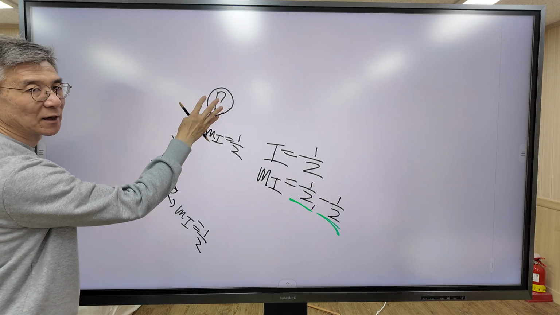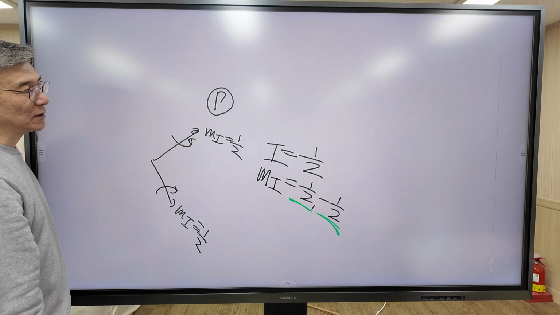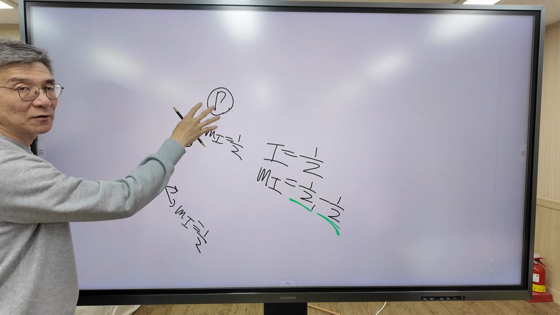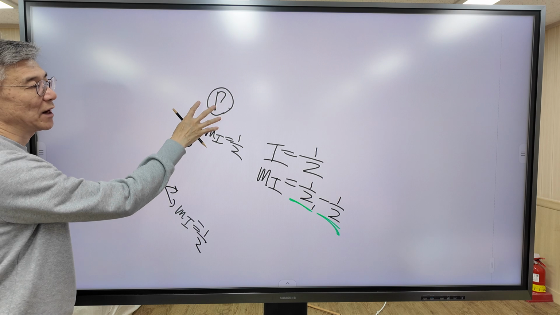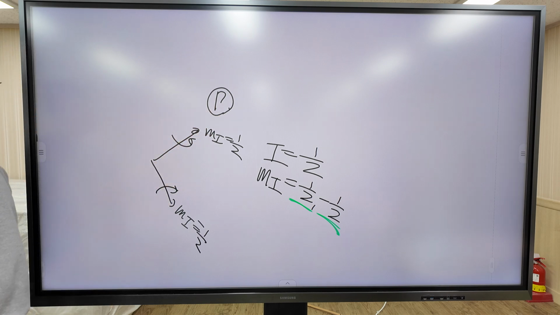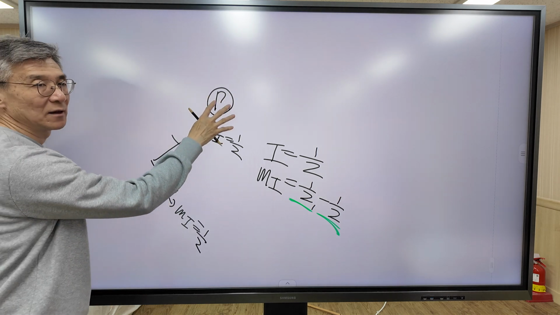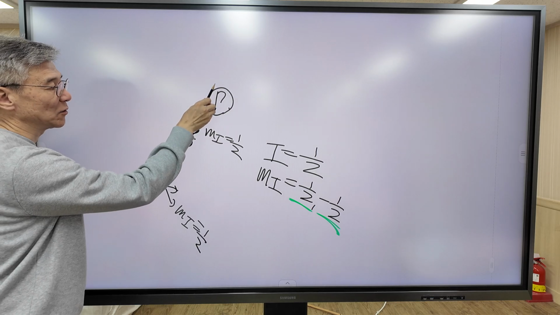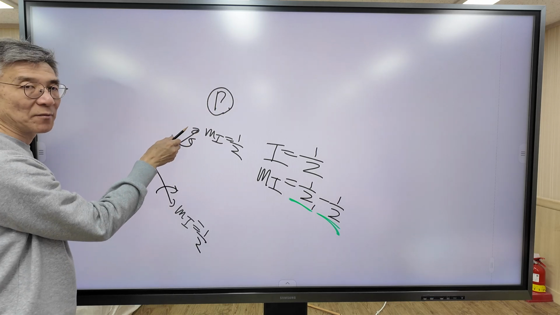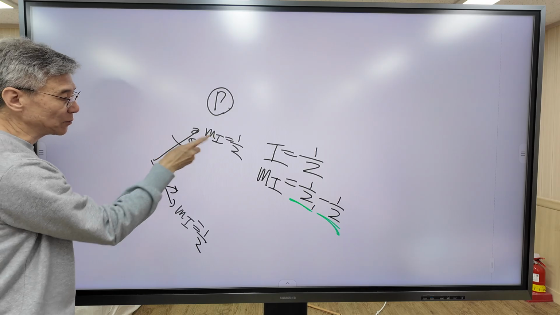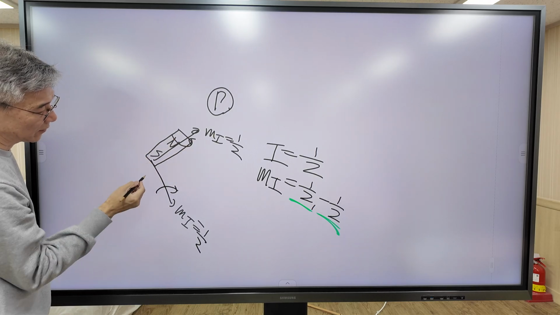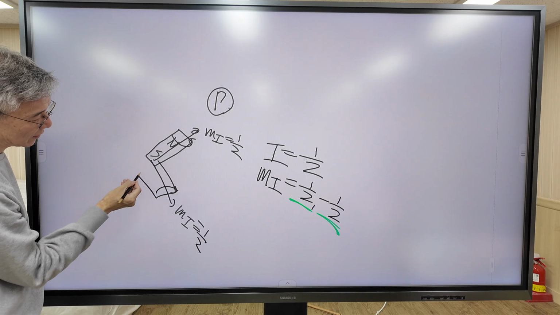A charged particle is spinning, and according to physics, when a charged particle is spinning, it generates a magnetic field. So it behaves like a tiny magnet. It is actually a magnet. But the orientation of the magnet depends on the spin quantum number Mi. For up spin, the magnet looks like this. For down spin, the magnet is oriented like this.